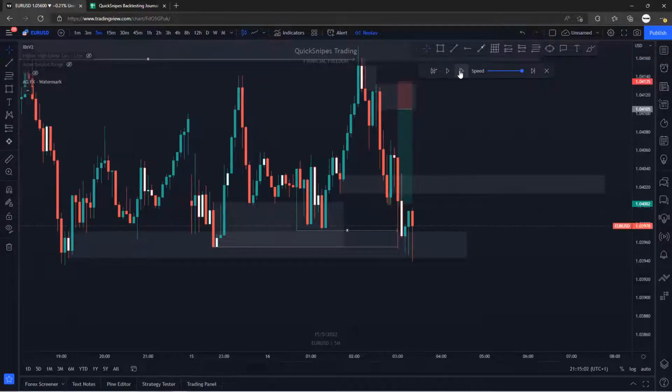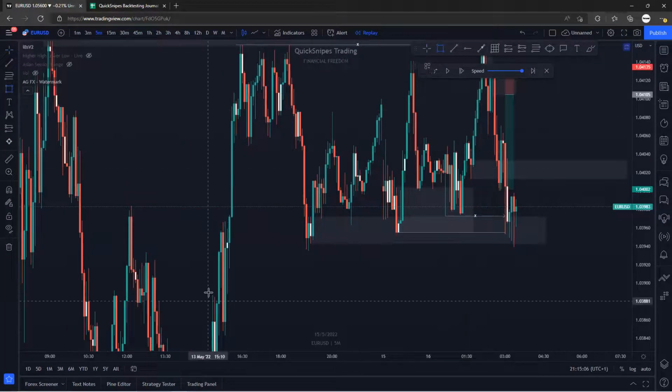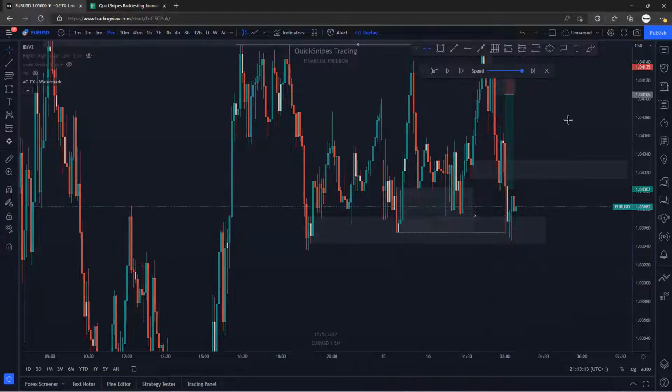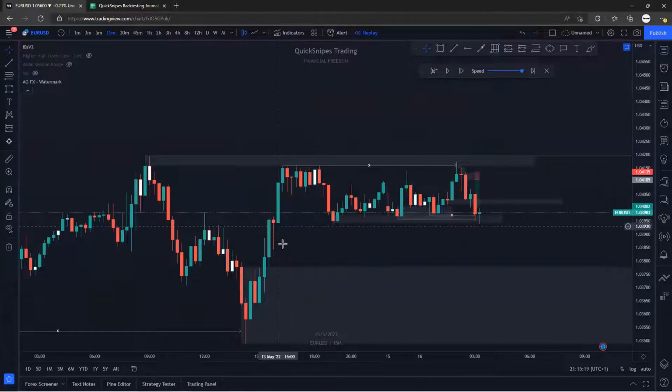Just looking for that failure, as we've seen, clean failure. But we also have this demand over here, which you could be playing off of, but we don't necessarily need to see this fail. Reason being, on the 15-minute, that demand zone didn't break structure. So it could be a weak area. So let's remove this analysis over here, just clear things up a bit.